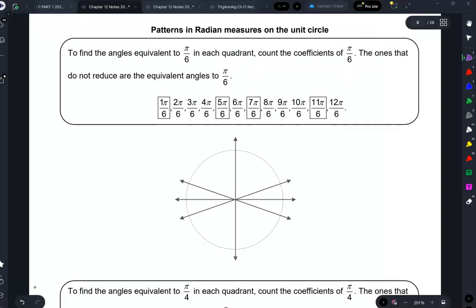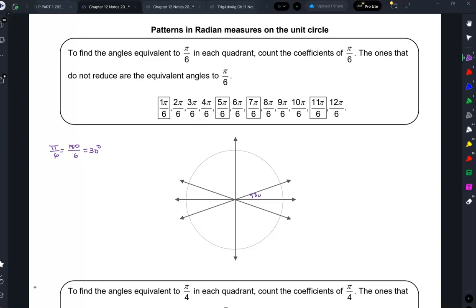Now if I have an angle in radians of pi over 6, I know that 180 is the same as pi, so pi over 6 is the same as 180 over 6, which is the equivalent of 30 degrees. So here I have that angle, pi over 6.